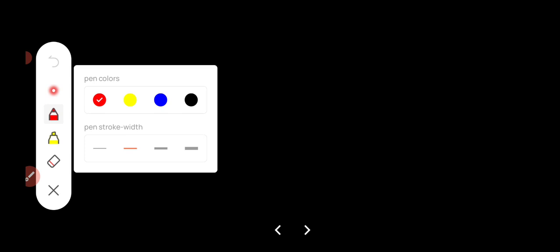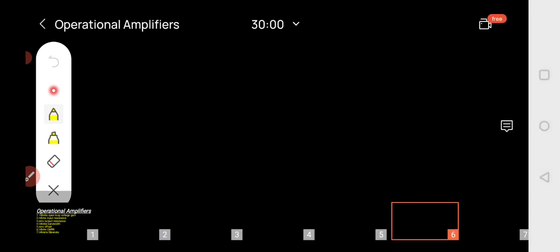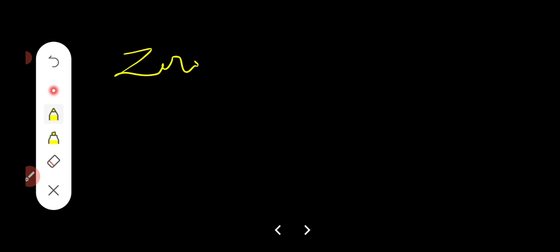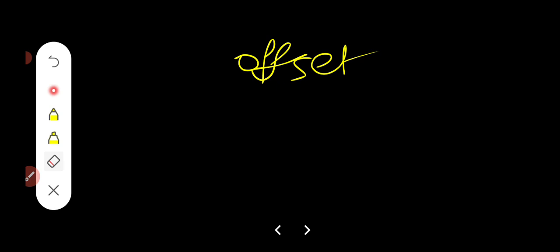Next characteristic is zero offset. Zero offset means that if V1 is equal to 0 and V2 is equal to 0, the output of the operational amplifier is 0.